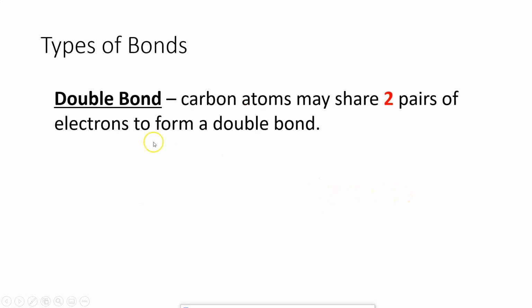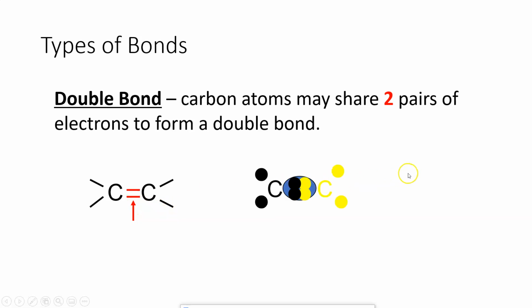Now, we have also a possibility to form a double bond. So in this double bond, 2 pairs of electrons are shared to form the double bond. So we have double bond here. Each one of these contains 2 electrons. So in total, we have 4 electrons shared by these 2 carbons, right?